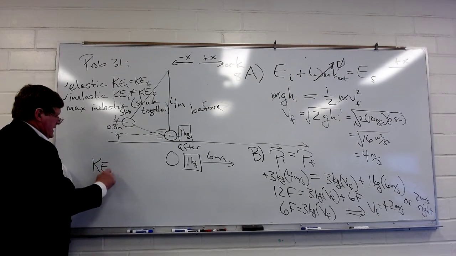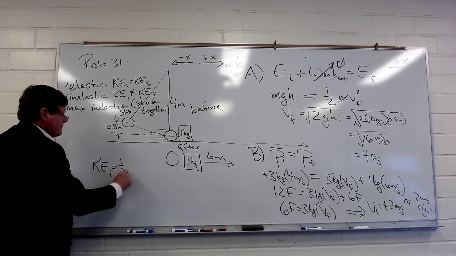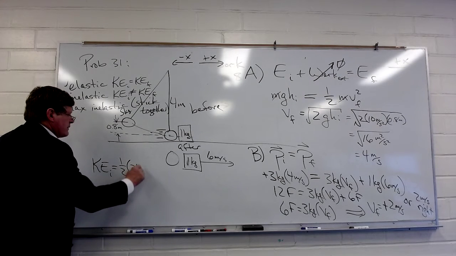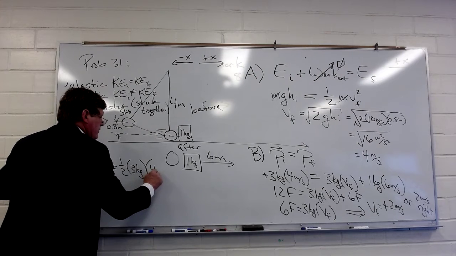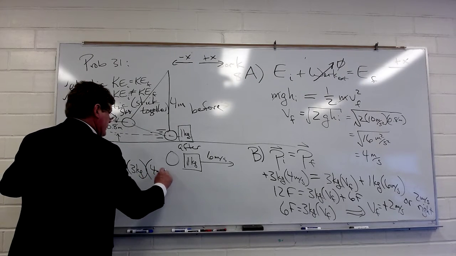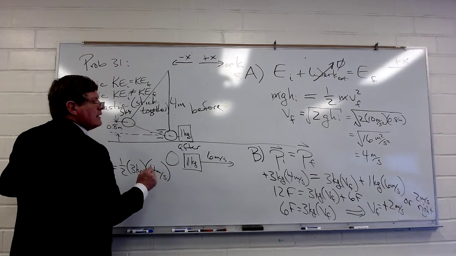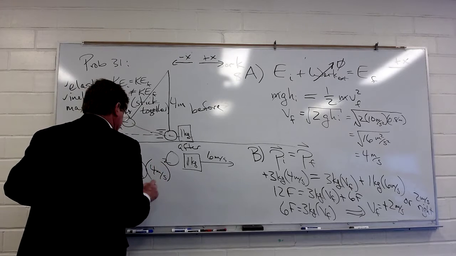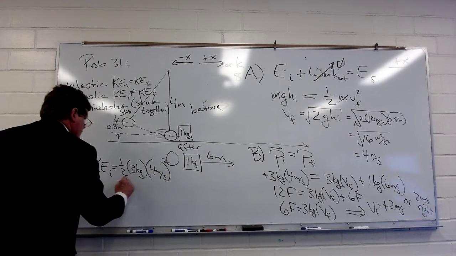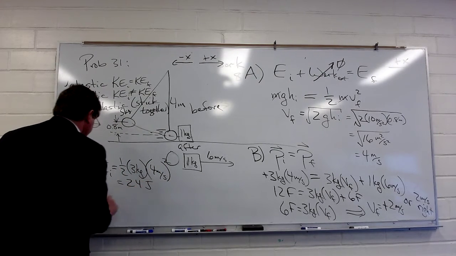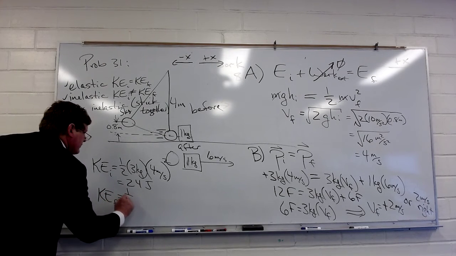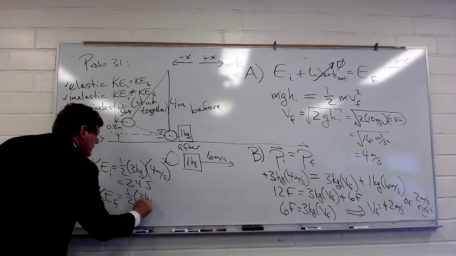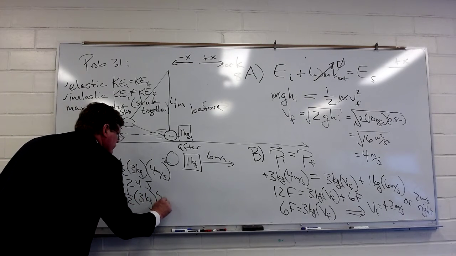My initial kinetic energy is 1/2 times the 3 kilograms of the ball times its speed of 4 meters per second squared. So that's going to be 24 joules. Afterwards, I have the 3 kilogram block moving at 2 meters per second.